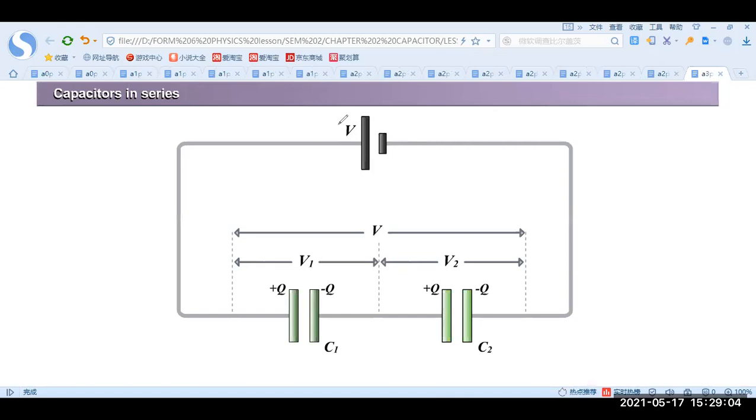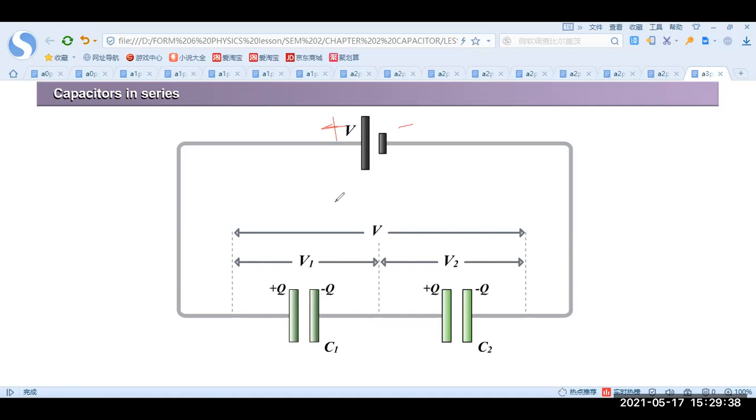Now, we look at the capacitors arranged in series. That means this will be the positive and negative. This is the positive plate, positive terminal and negative terminal.